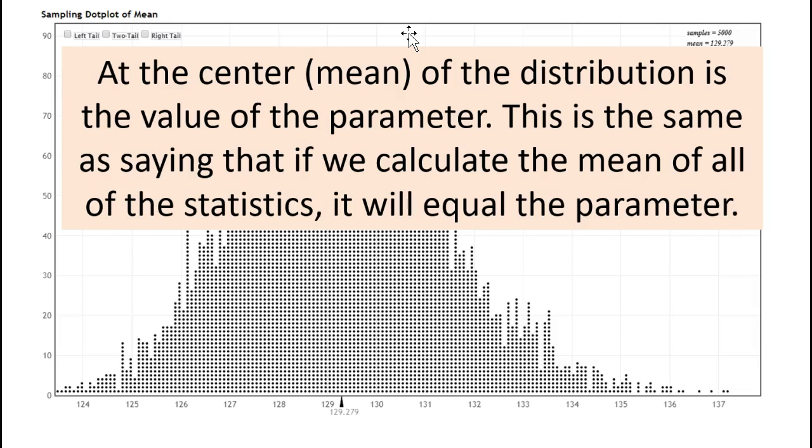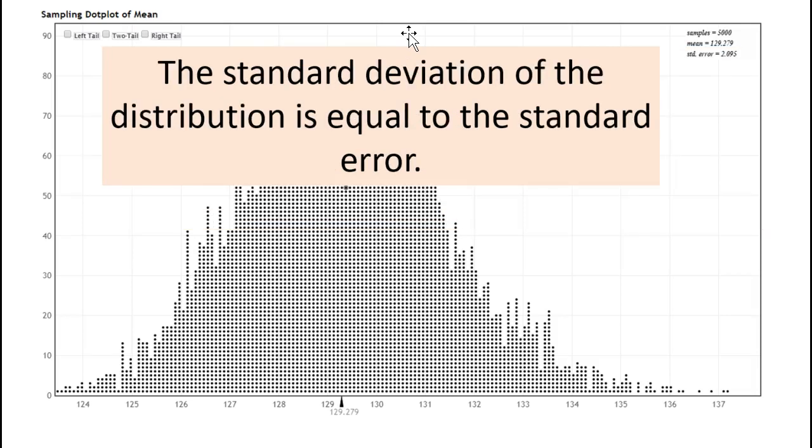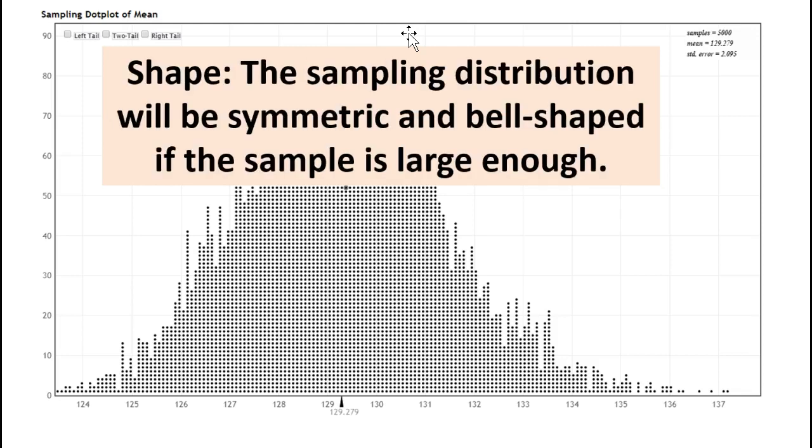This is the same as saying that if we calculate the mean of all the statistics, it will equal the parameter. The standard deviation of the distribution is equal to the standard error, and the plot has a symmetric bell shape under certain conditions, and this usually is whether or not the sample size is large enough.